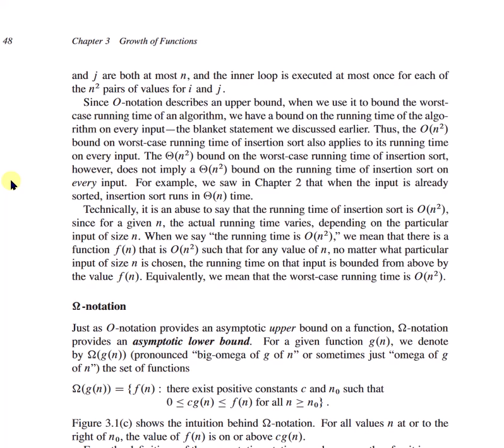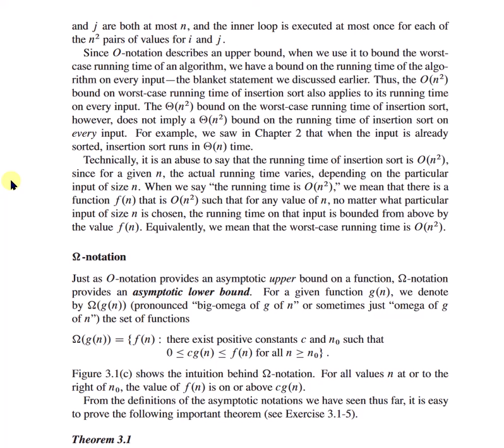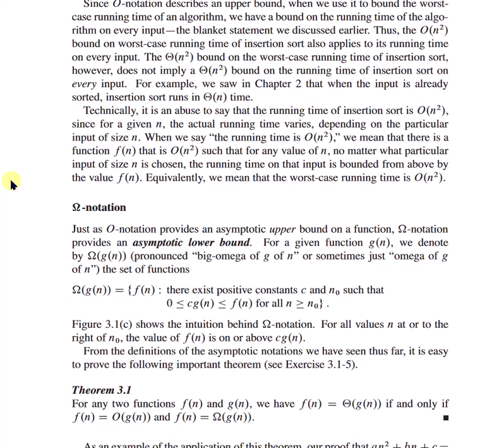For example, we saw in chapter 2 that when the input is already sorted, insertion sort runs in theta of n time. Technically, it is an abuse to say that the running time of insertion sort is big O of n squared, since for a given n, the actual running time varies depending on the particular input of size n.